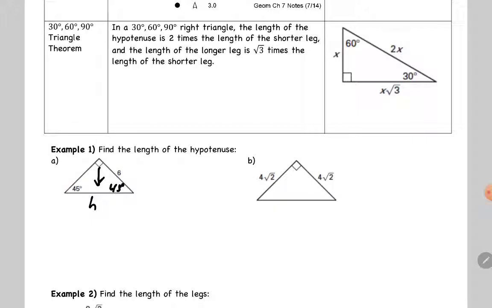So it always follows this pattern. X, X, X root 2. So if this is 6, that means this is 6, and that means this has to be 6 root 2.